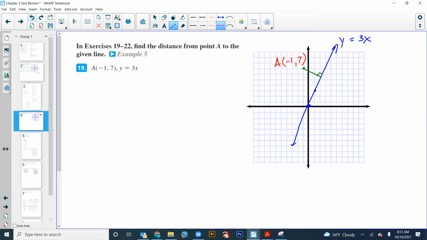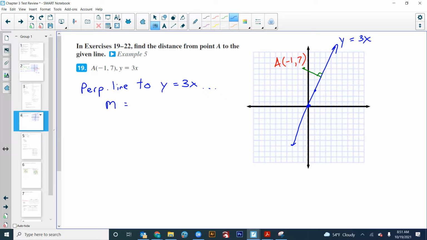All right, well, the perpendicular line to y equals 3x. We need the slope of the perpendicular line. Well, what's the slope of this line that I just graphed in blue?